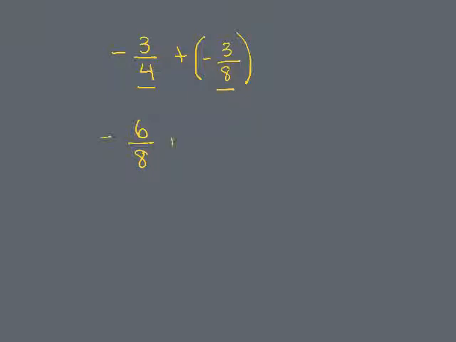Now we can proceed through with the rest of the problem because we now have common denominators. Go ahead and write this work down on your paper where it asks you to show your work. You can pause the video if necessary.